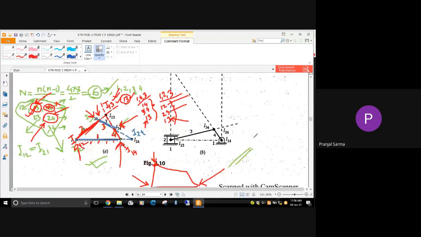So this is how we can utilize the instantaneous center method for finding out the different velocities. We have found out the different instantaneous centers. Later on, as per your requirement, suppose our task was to find out the velocities, depending on the velocity of which point you want, you have to find out.